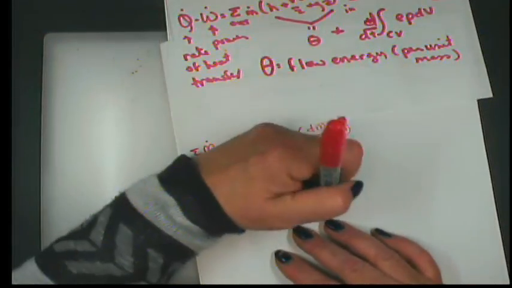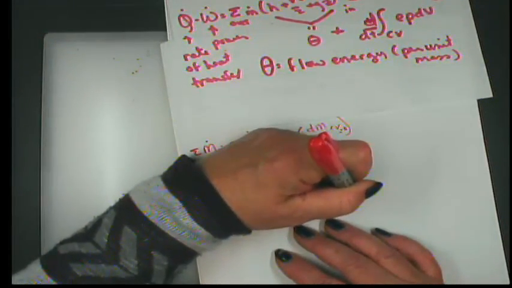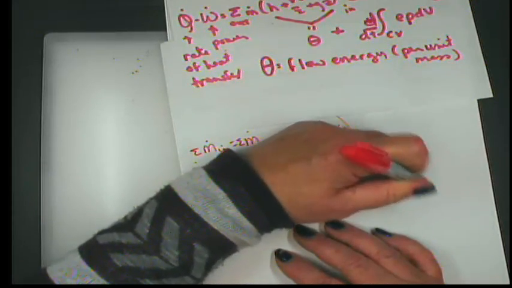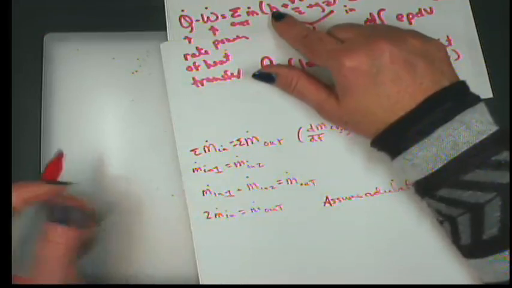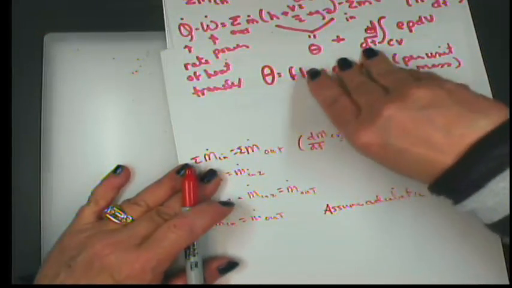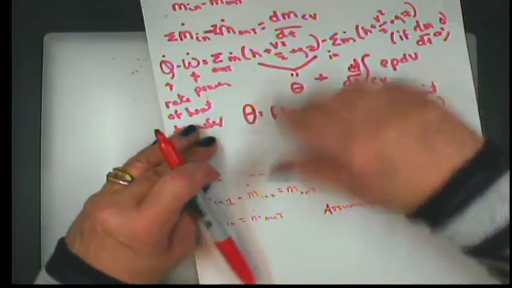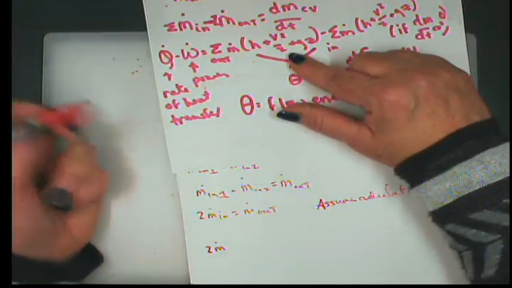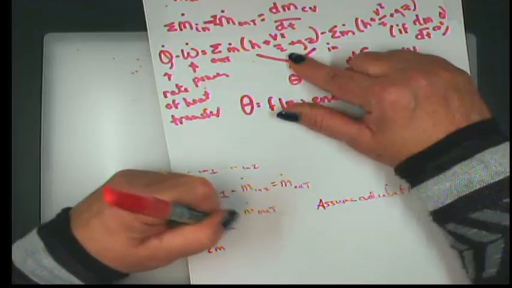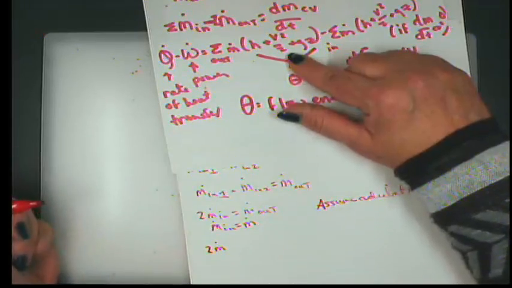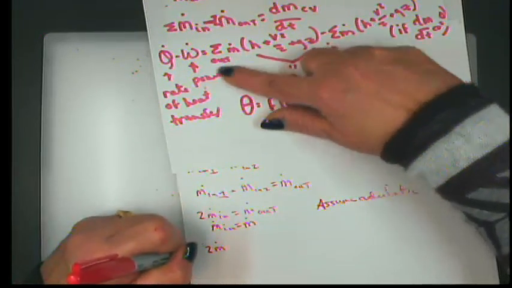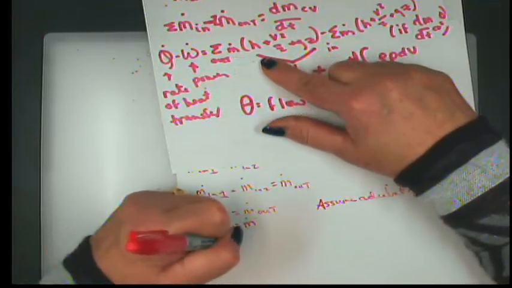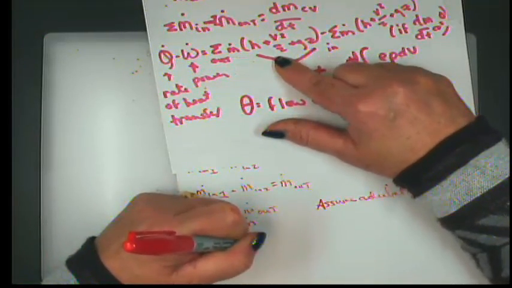All right, so for a mixing chamber, it's not a terrible assumption, but I don't really like it that much either. So then all we have to do is break this down. We have 2 m dot, let's just say m in equals m dot, so we don't have to keep writing that over and over again. So here we get Q and W are 0 equals 2 times m dot times h on the outlet.